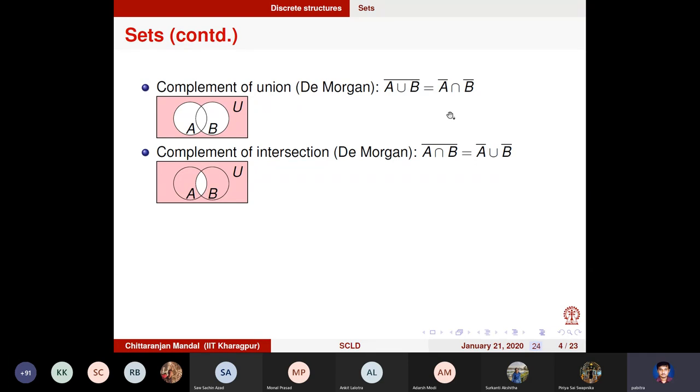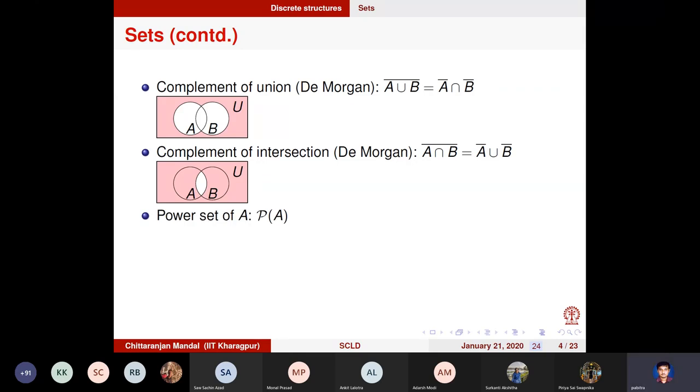So it's the dual law of the first law. What the dual law says is that the complement of A intersection B is complement of A union complement of B. So this is another law. This also you can easily verify using the Venn diagram.